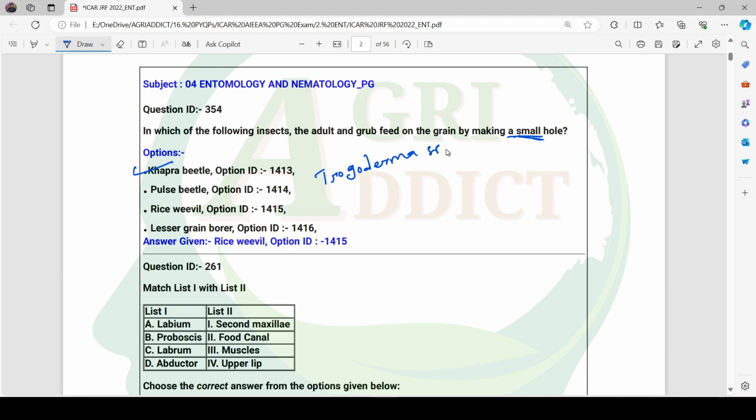Trogoderma sp. And I will also tell the other types of damage symptoms or nature of damage by other important stored grain pests. Pinhead size holes are a damage symptom of the cigarette beetle, that is Lasioderma serricorne, and also the drugstore beetle, that is Stegobium paniceum.